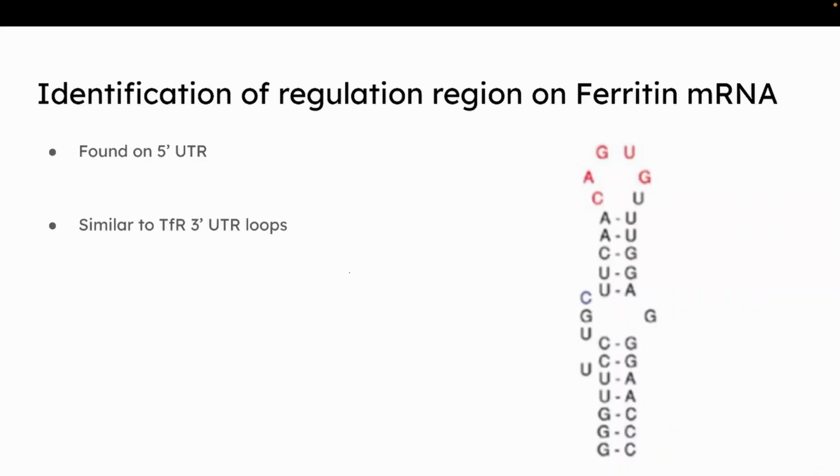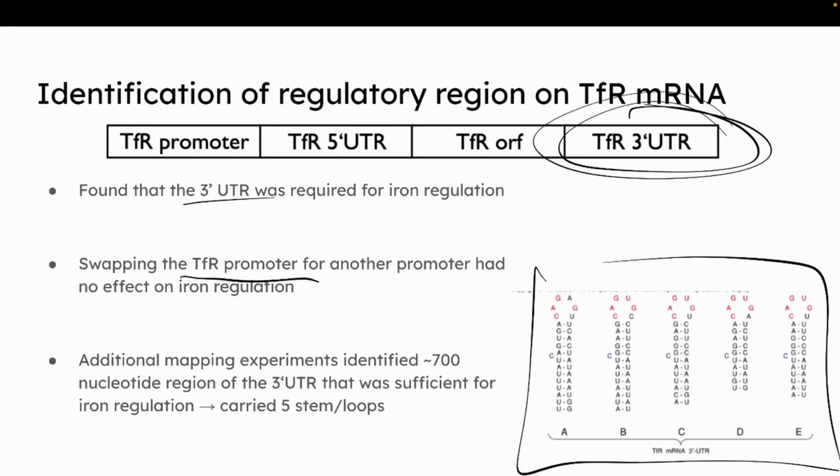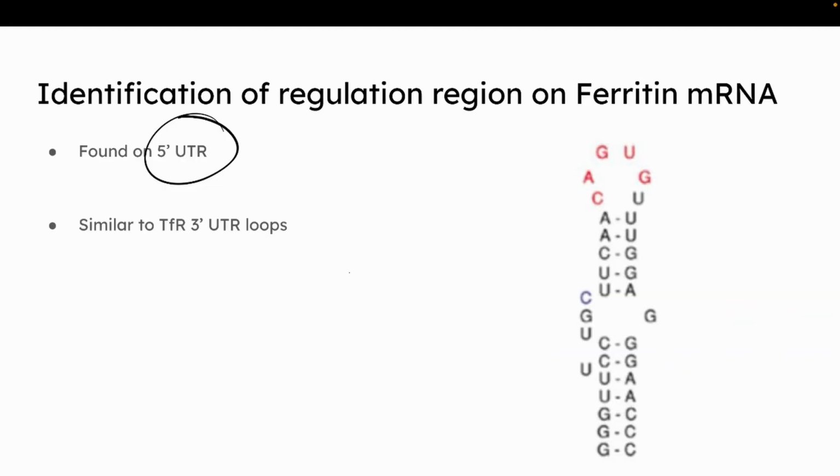And something very similar was found on the ferritin mRNA, except this was at the 5' UTR instead of the 3' UTR, and this was just one. So they now know we have a bunch of stem loops that are involved with regulation in both ferritin and transferrin receptor.